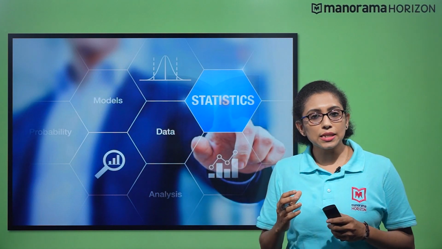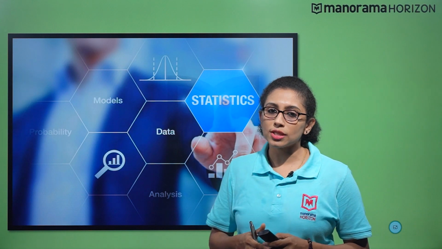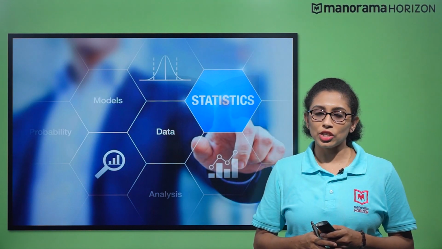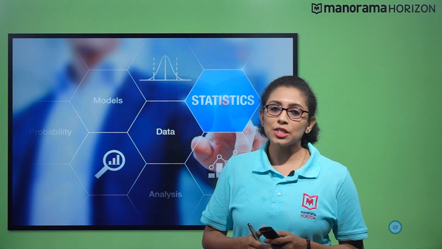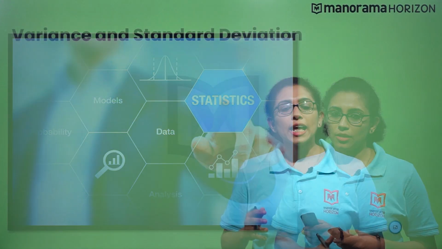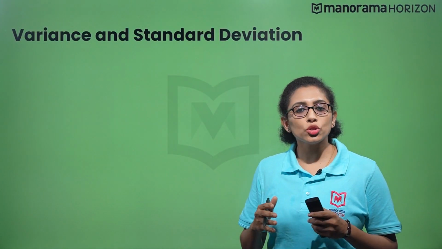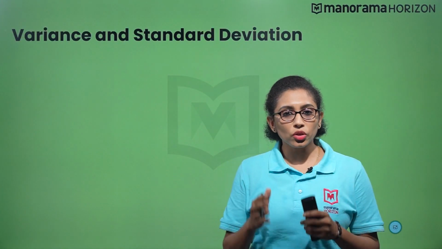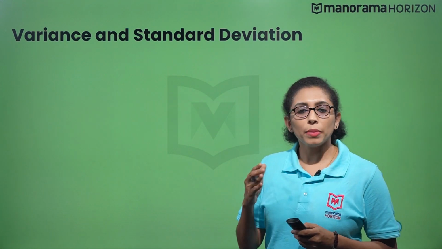Now, let us discuss another important concept, that is variance and standard deviation, which is an important aspect of statistics. Let x1, x2, x3 up to xn be n observations and x bar be their mean.